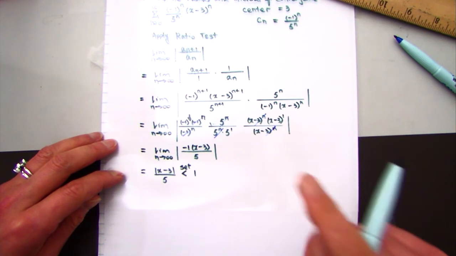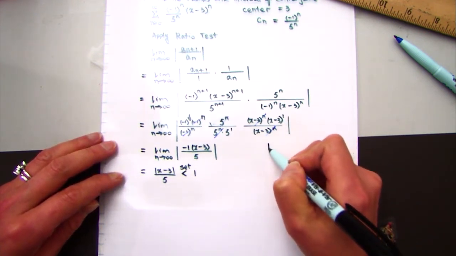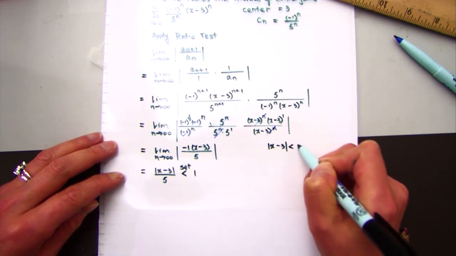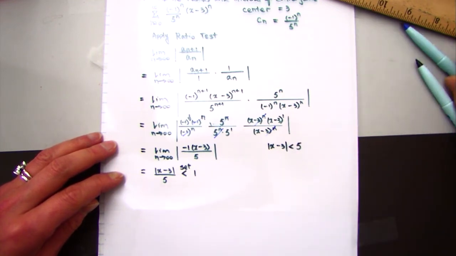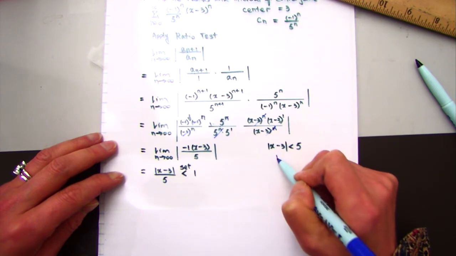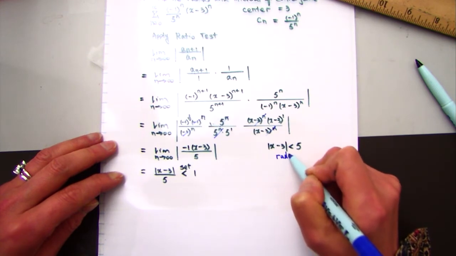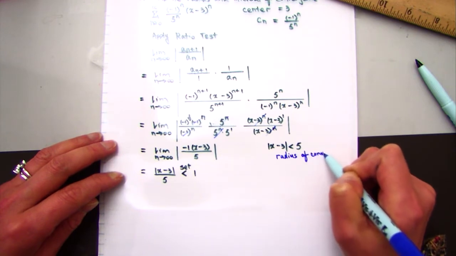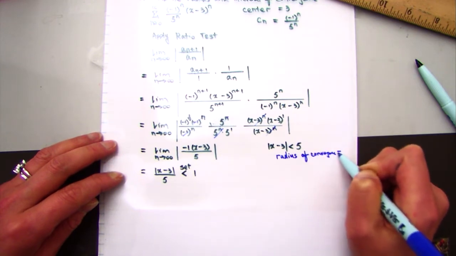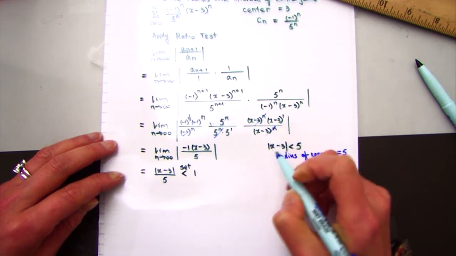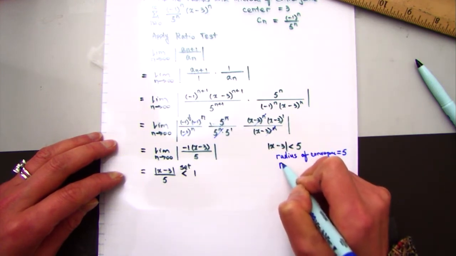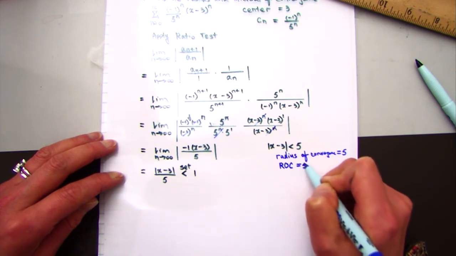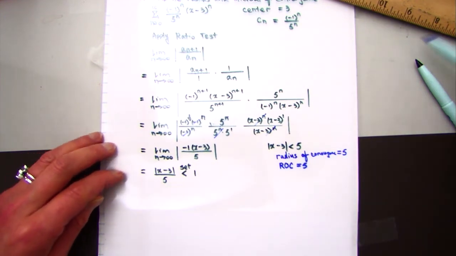I'm going to write it up here if you don't mind. Okay. So I have absolute value of x minus 3 less than 5. Right away, write it out. Radius of convergence equals 5. I learned this from the solutions menu. They say radius of convergence equals 5. Okay, and what's next?